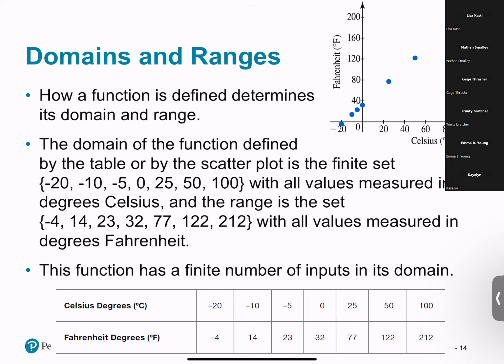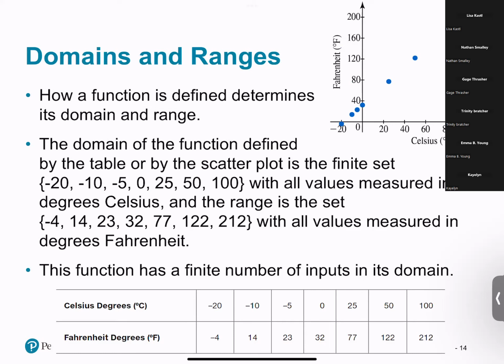So this function, the way it was defined, has a finite number of inputs. We have 7 inputs. From those 7 inputs, we get 7 outputs. Finite means I know where that interval begins and I know where it ends. Infinite means I don't.